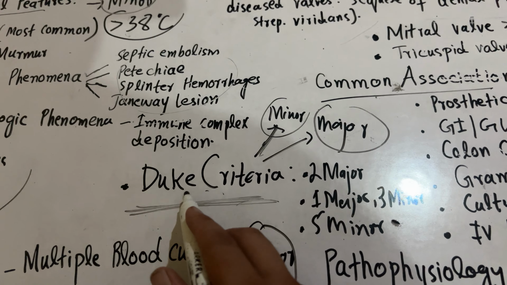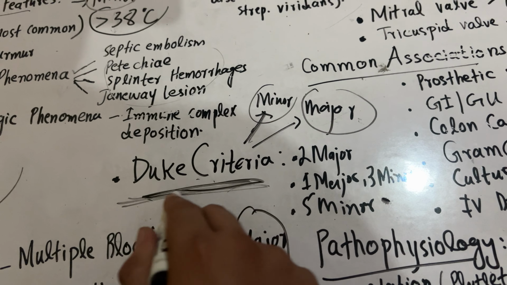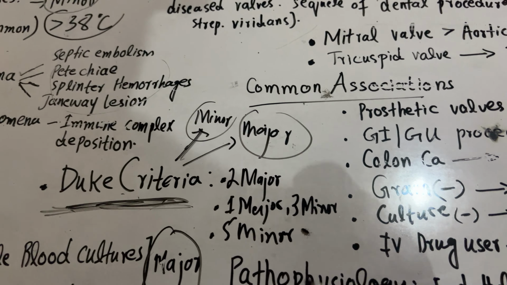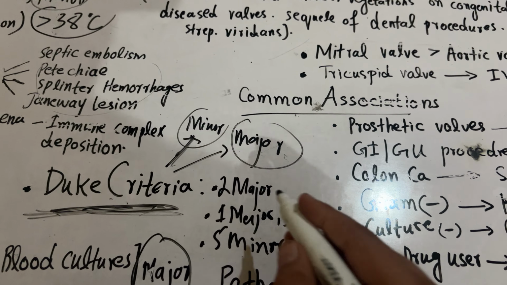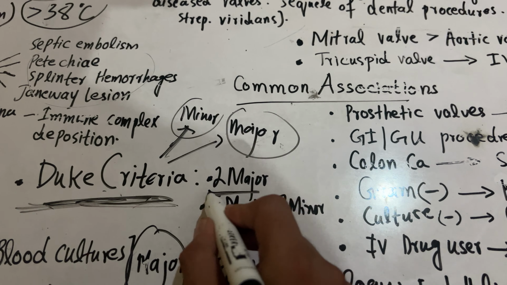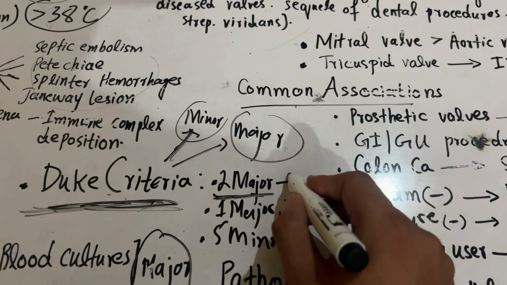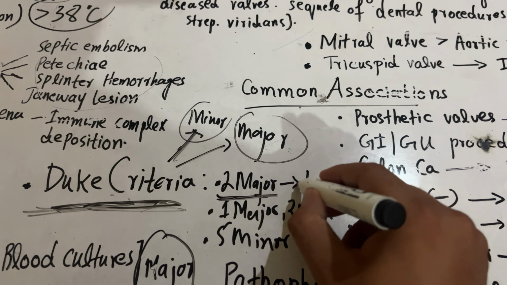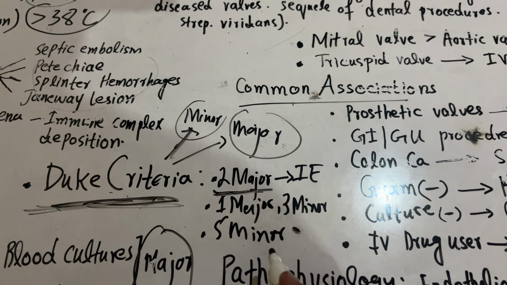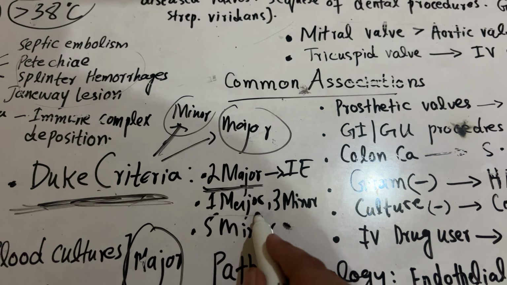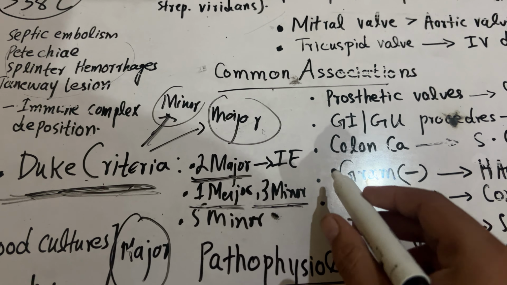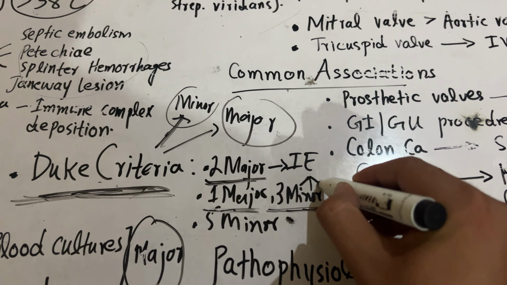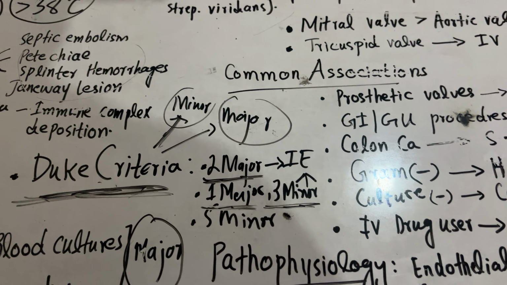So according to the Duke criteria, how do we diagnose infective endocarditis? If there are two major criteria, then it is infective endocarditis. If there is one major criterion and three minor criteria, it also indicates infective endocarditis.